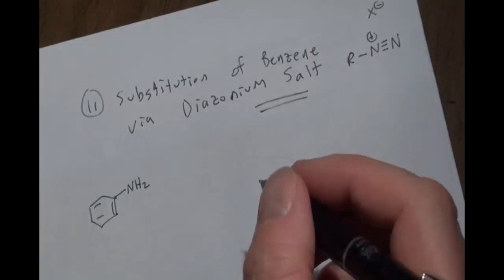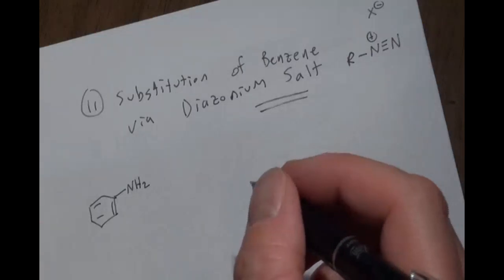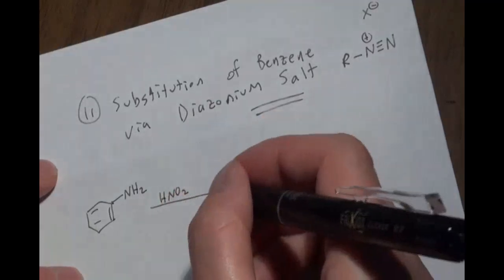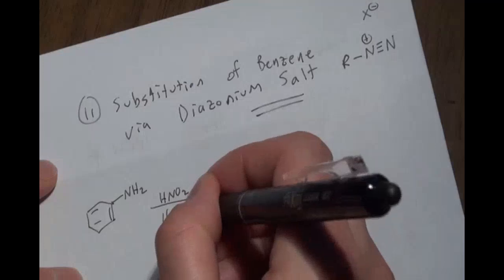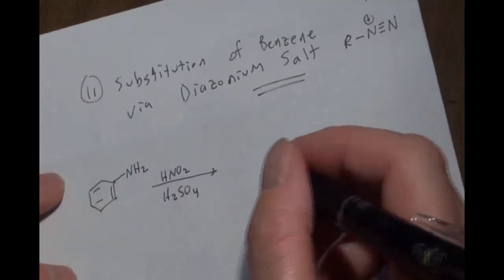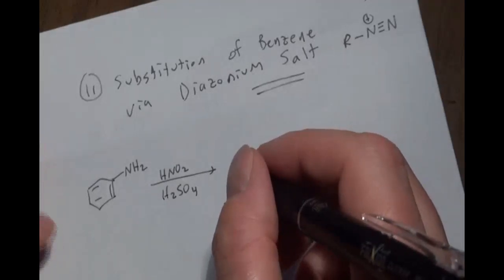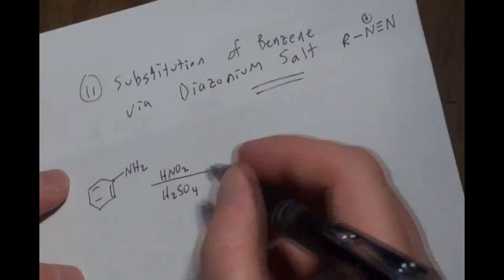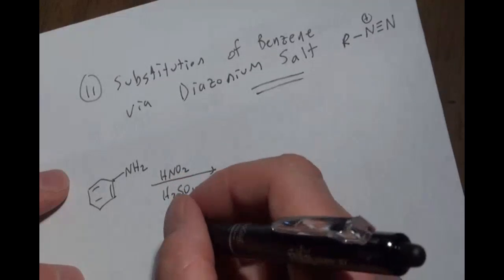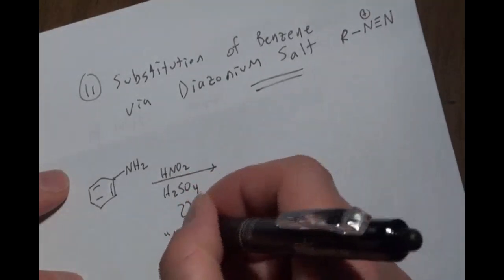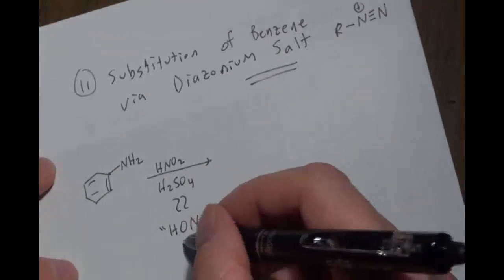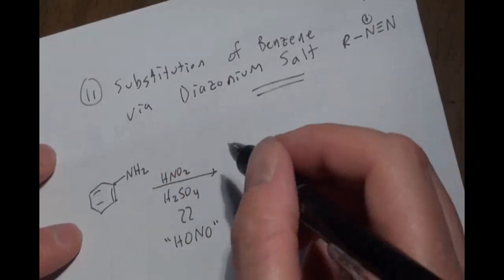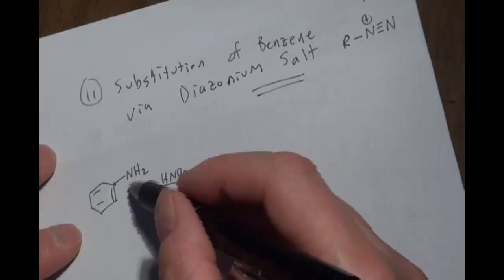If we take an aniline, an aromatic amine, and we react this with nitrous acid, HNO2, and sulfuric acid, H2SO4. In organic chemistry, we always abbreviate nitrous acid as HONO, because nitrous acid is HO and double bond O. HONO is a reagent that will create a diazonium salt.